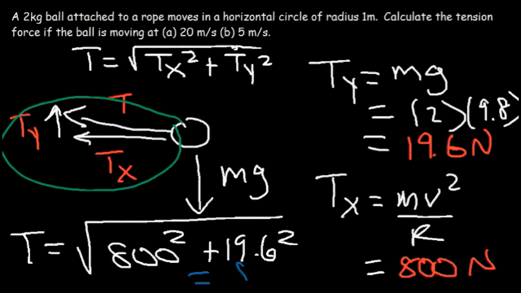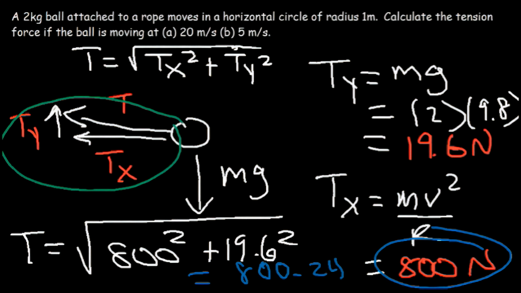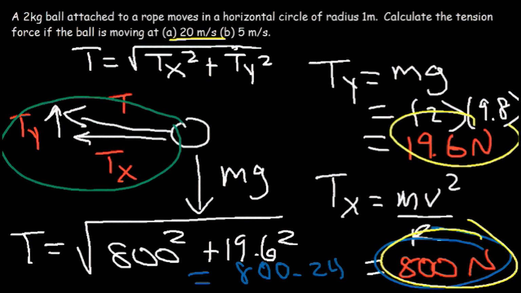So the actual tension force is about 800.24, which is approximately equal to 800. Now let's think about what this means. When the speed is very high, the centripetal force, the 800, is significantly larger than the weight force. So therefore, the overall tension force is approximately equal to the centripetal force when the speed is high.